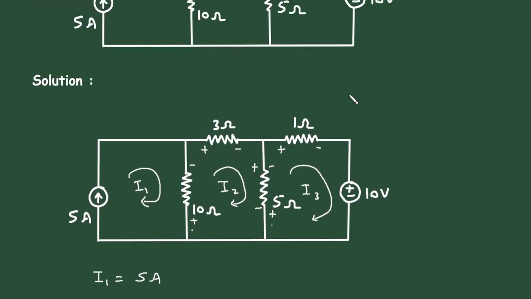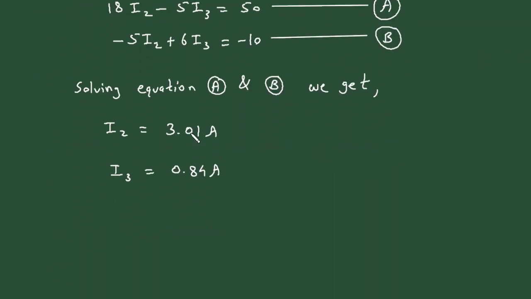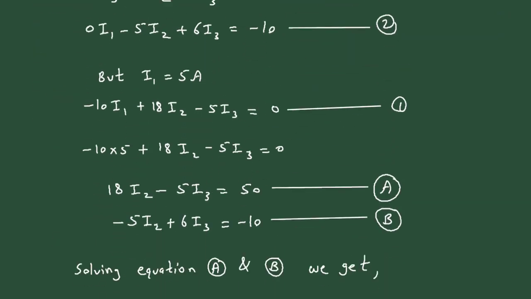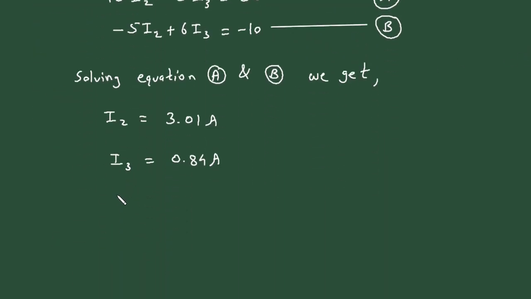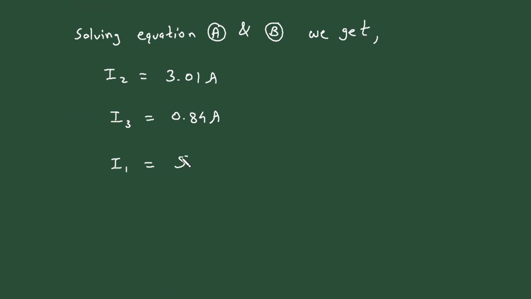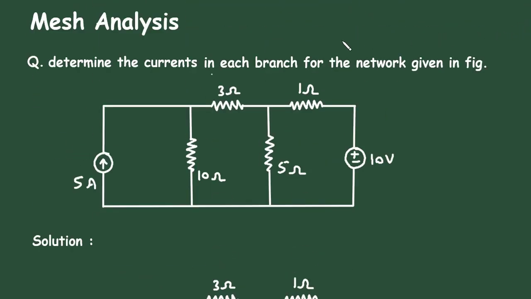Now next we got the value of I1, I2 and I3. The value of I1 is 5 ampere. So again, what we have to find in this question: determine the currents in each branch for the network given in figure.